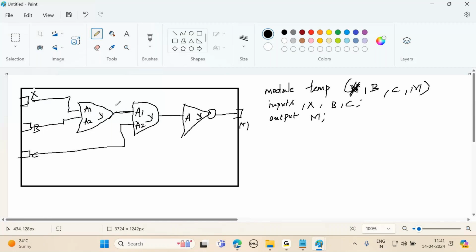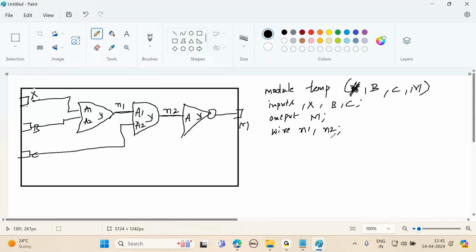This I'll call the N1 wire, this I'll call the N2 wire. These wires I even have to declare: wire N1, N2. This is normal, same as in RTL.